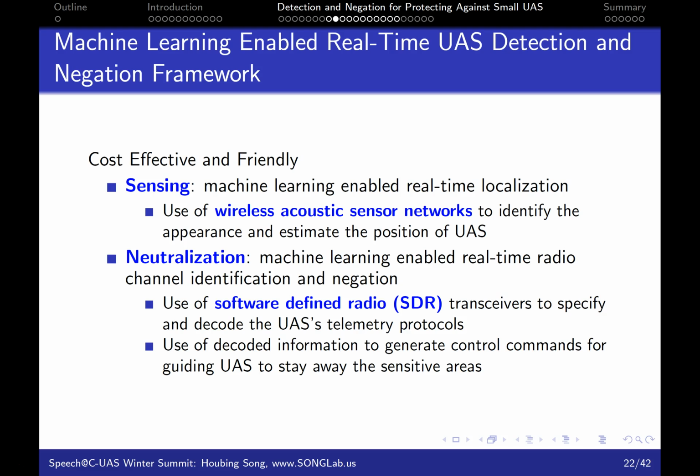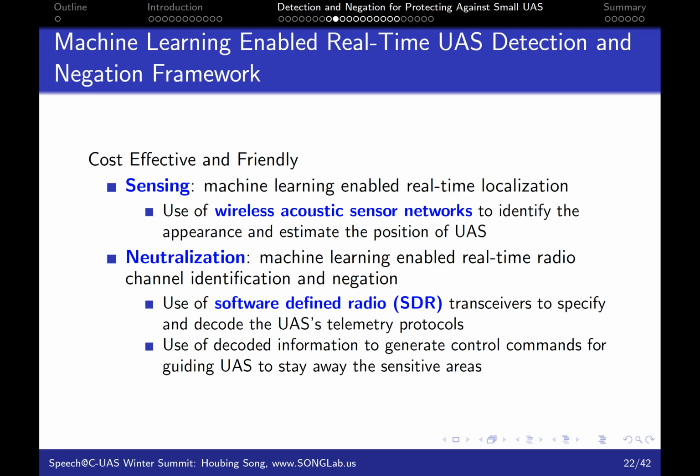For the sensing subsystem, our system is the machine learning enabled real-time localization. We use wireless acoustic sensor networks to identify the appearance and estimate the presence of approaching UAS.